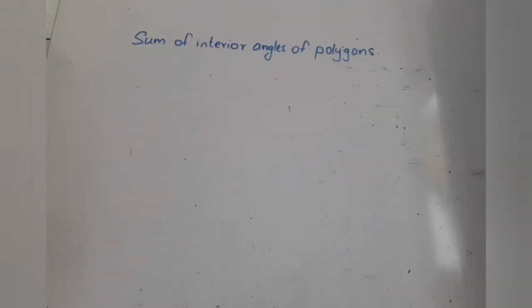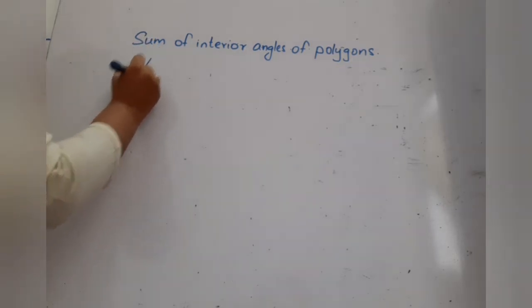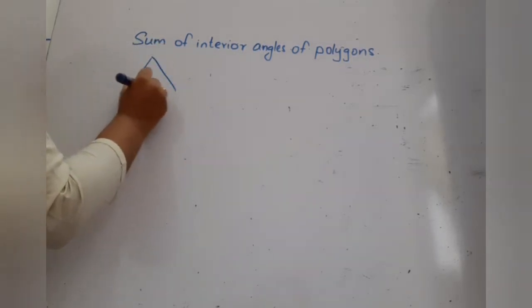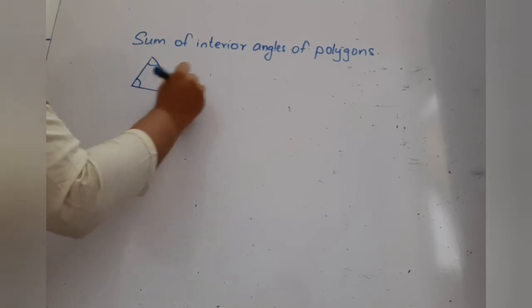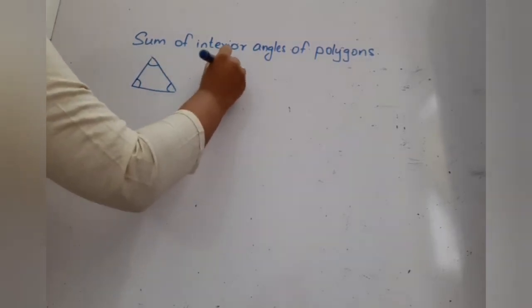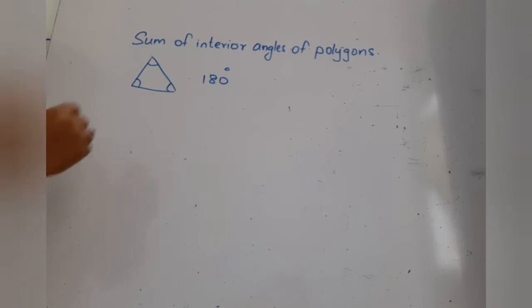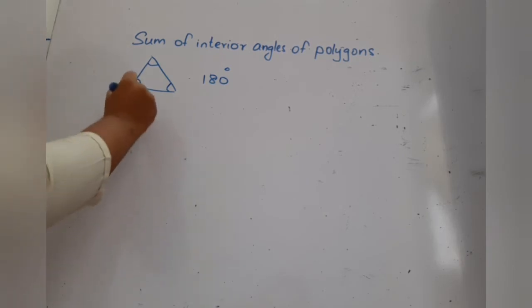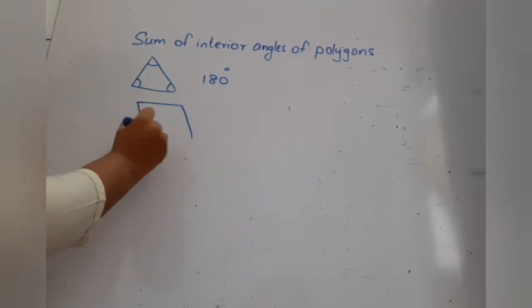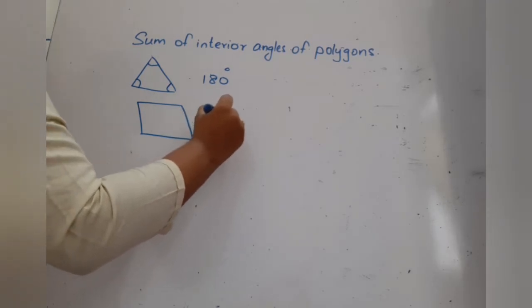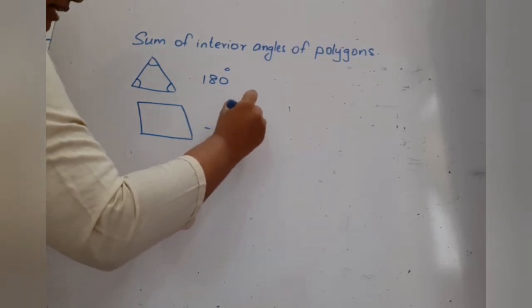The next important topic we will be covering today is the sum of interior angles of polygons. You might have already learned that for a triangle the sum of interior angles is 180 degrees, and for a quadrilateral the sum of the interior angles is 360 degrees.